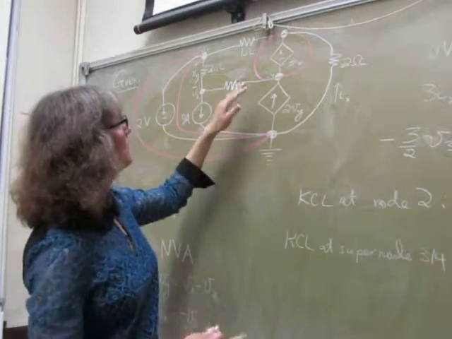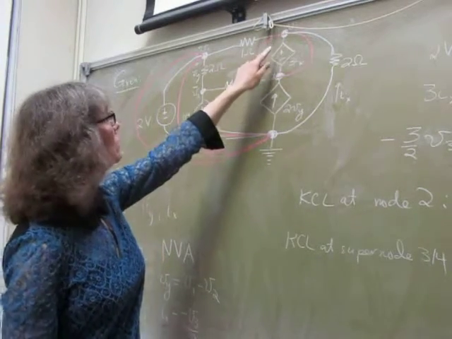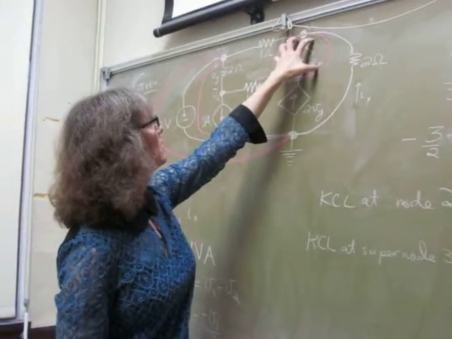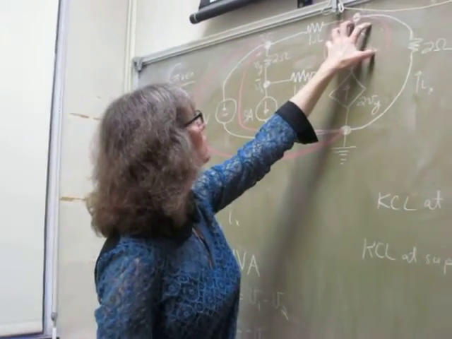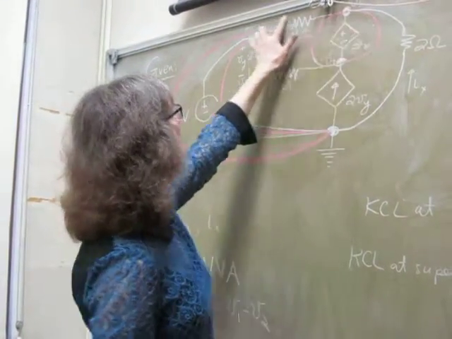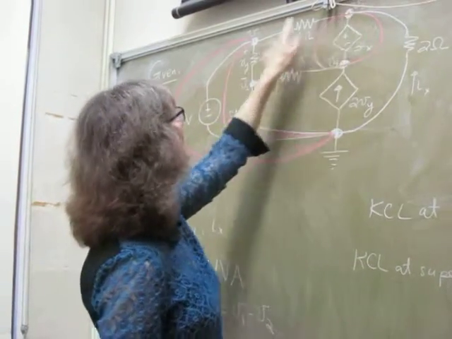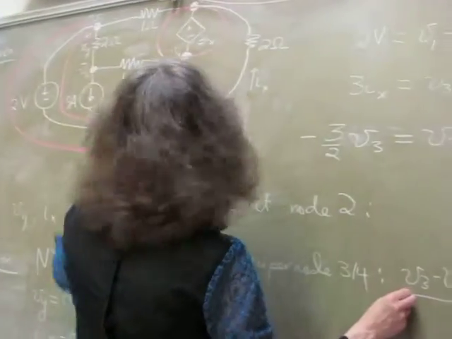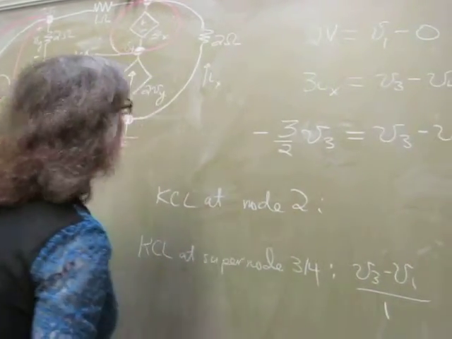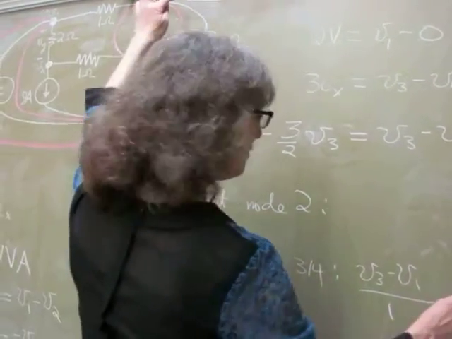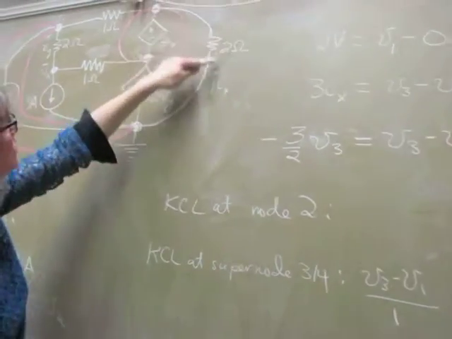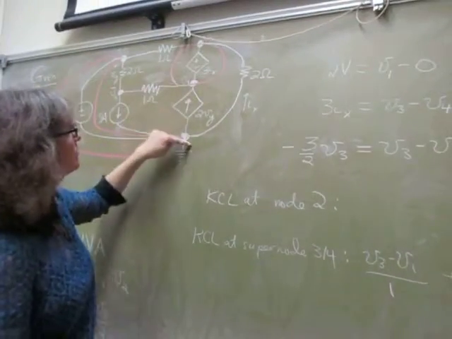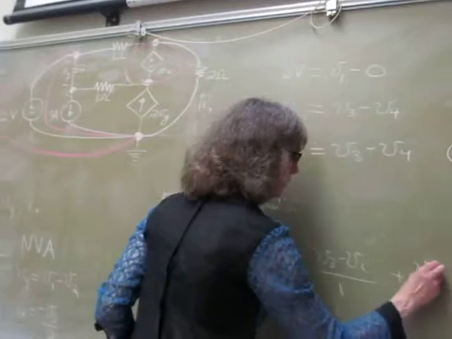So let's do it. Kirchhoff's current law for this big node right here. We've got the current leaving this branch here will be V3 minus V1 over 1 ohm. Plus the current leaving this one here will be V3 minus 0 over 2.